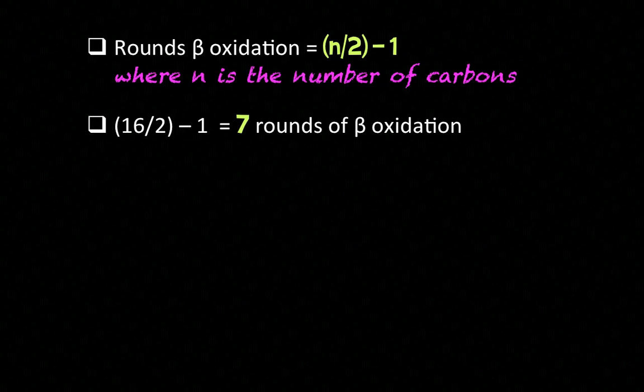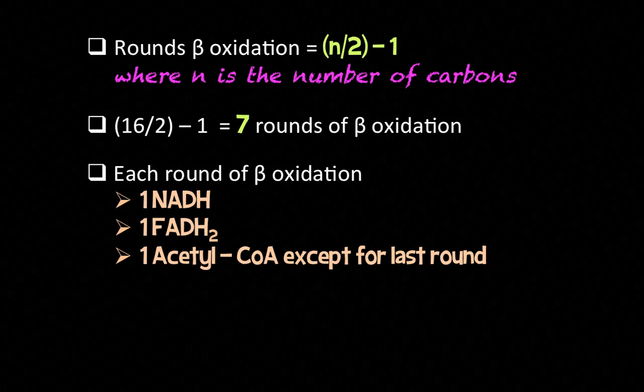rounds of beta oxidation. For each round of beta oxidation, you're going to get 1 NADH, 1 FADH2, and 1 acetyl-CoA, except for the last round, and that will make more sense in the slide to come.